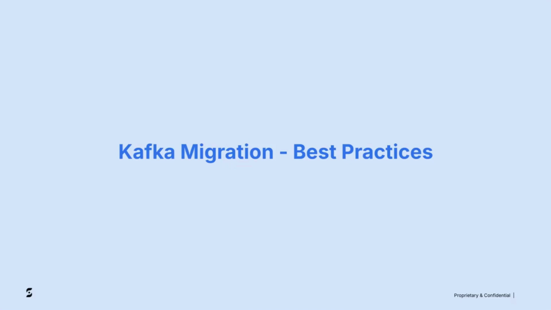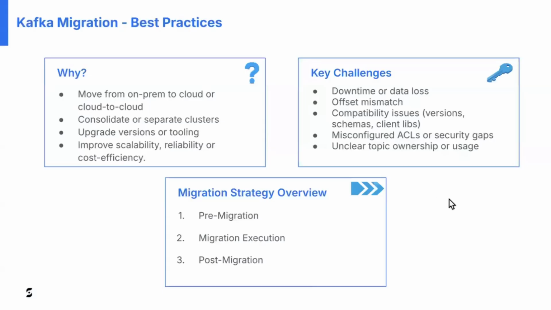But if you have more questions about best practices, you can always engage with someone like Nexaminds. So with that, I'm going to hand over to Memo to cover some of the best practices to keep in mind as you're planning your migration. So Memo, over to you.